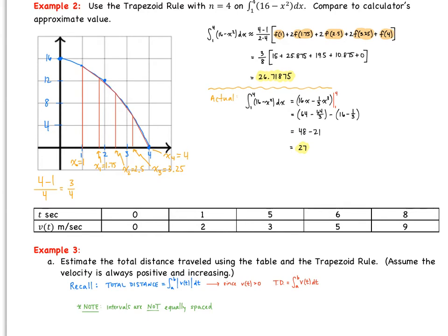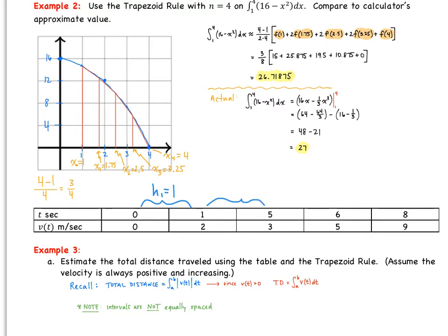Remember, the delta x is the height of our rectangles. So this is going to be height 1 of that first trapezoid, and the difference between 0 and 1 is 1.